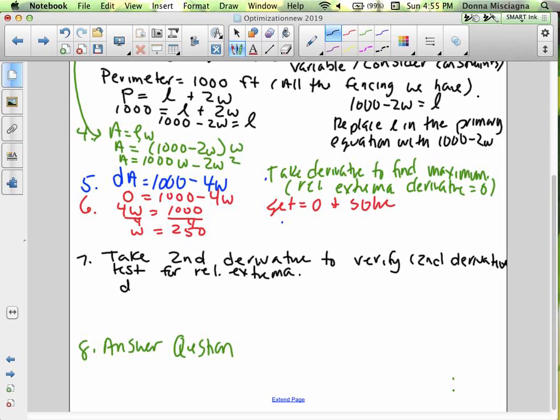All right, so we're going to take the second derivative. So d2A is equal to, so here's our first derivative. Derivative of 1,000, that's 0. Derivative of negative 4W is negative 4. So we have a constant here, and it is negative.